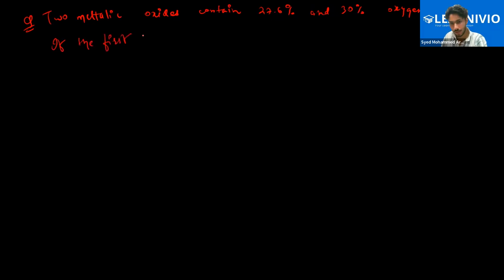The question is: two metallic oxides contain 27.6 percentage and 30 percentage of oxygen respectively.